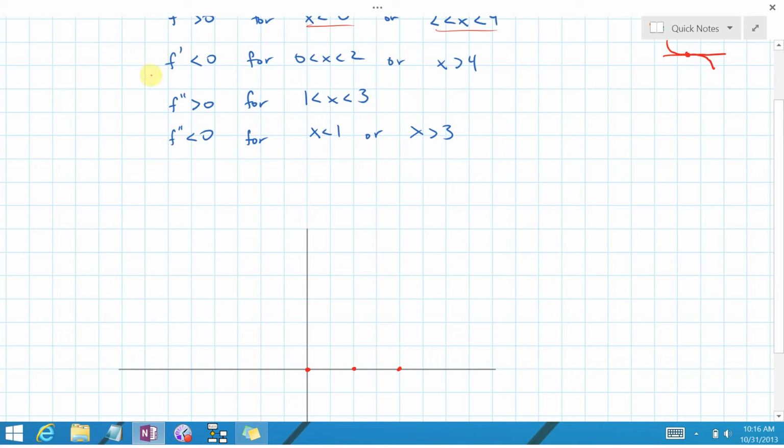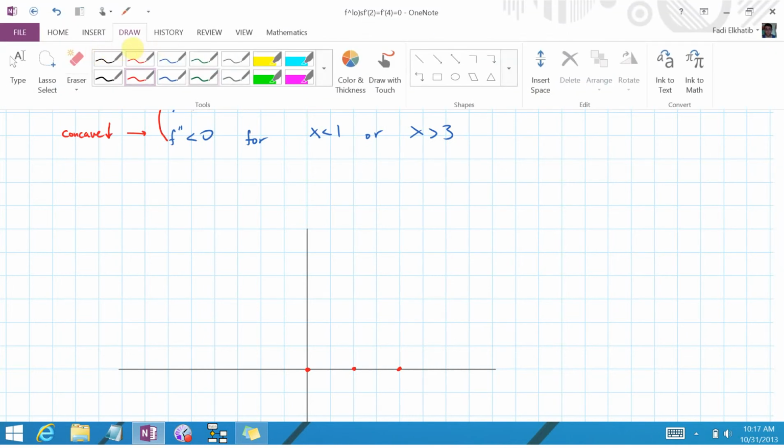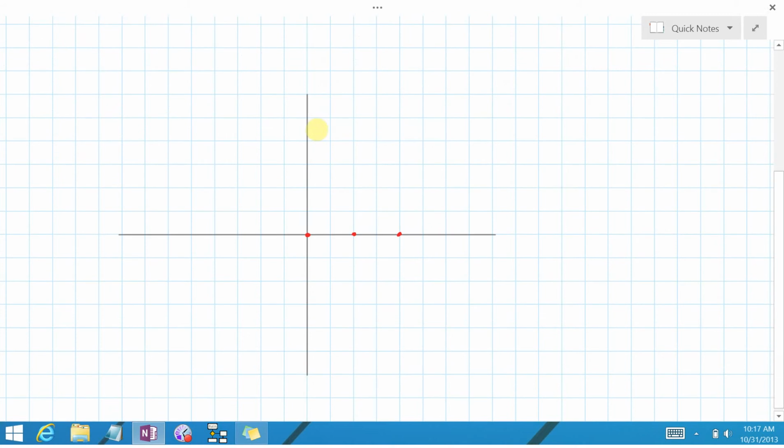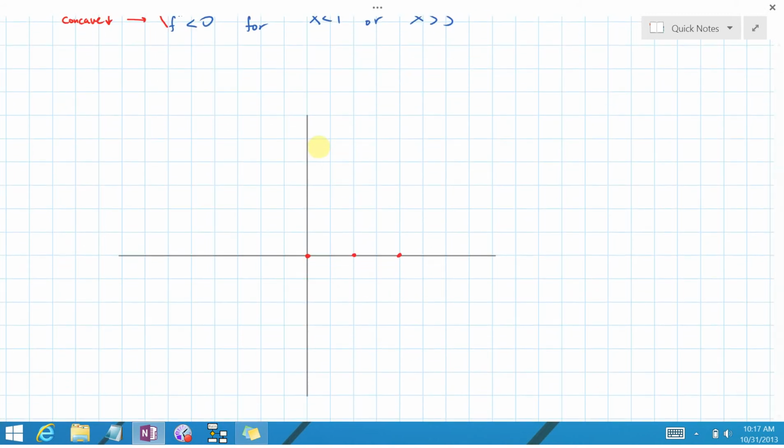But we also have a shift in the sign of the double derivative. And remember that the double derivative being positive means that f is concave up, and the double derivative being negative is when f is concave down. So there's a shift in concavity. Let me mark those out on the x-axis too, and maybe I'll use green for that. So there's a shift at 1 and a shift at 3, so here and here.